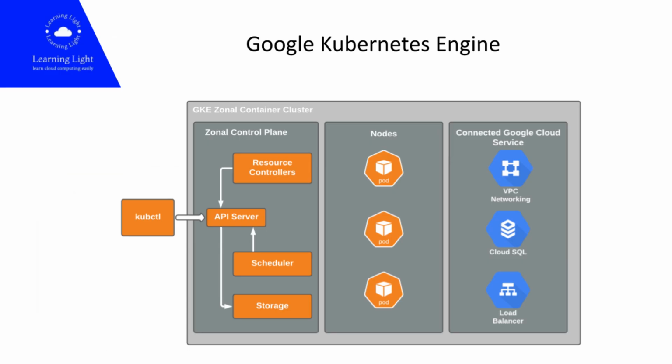So in this particular lecture, we are going to see how we can deploy the Kubernetes cluster on Google Cloud Platform, and this time we will use Google Kubernetes Engine, which is GKE, and we will see how we can deploy the application on Kubernetes clusters like GKE in subsequent videos.